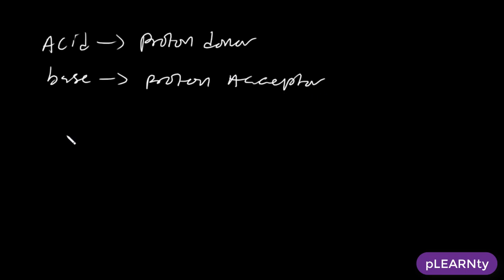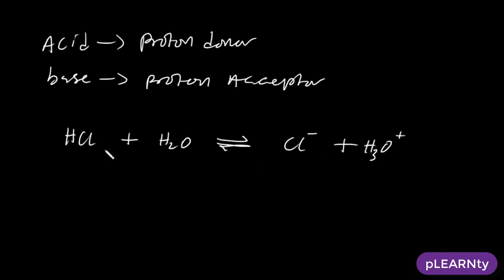This means that let's say you have HCl reacting with water to give us Cl minus plus H3O plus. What we have here is that if you look at this HCl, you see that it loses a proton. So because it loses a proton, it donates a proton, so that makes it a Bronsted-Lowry acid.